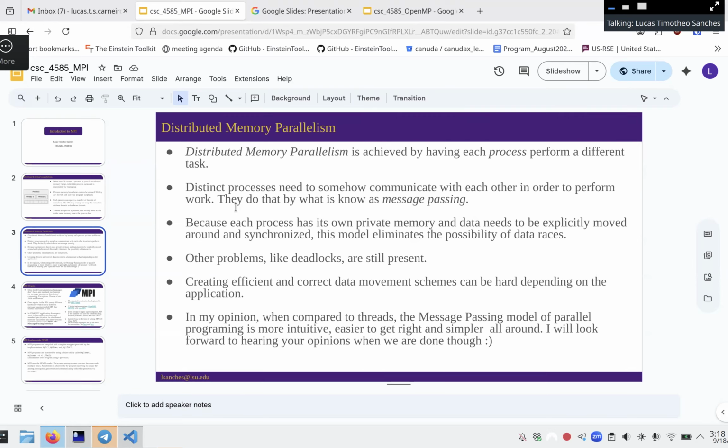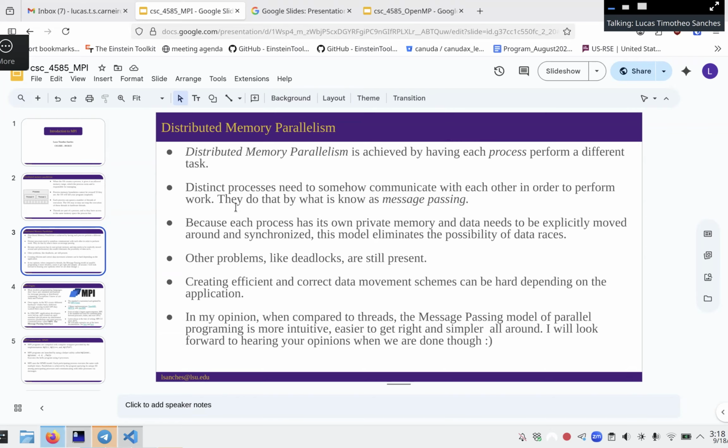You eliminate the problem of data races. Would you guys be willing to try to explain why that is? Right. Let's think about it. Since it's distributed, there's no shared memory, because the processes themselves are allocated different memory by the OS. Exactly, right?